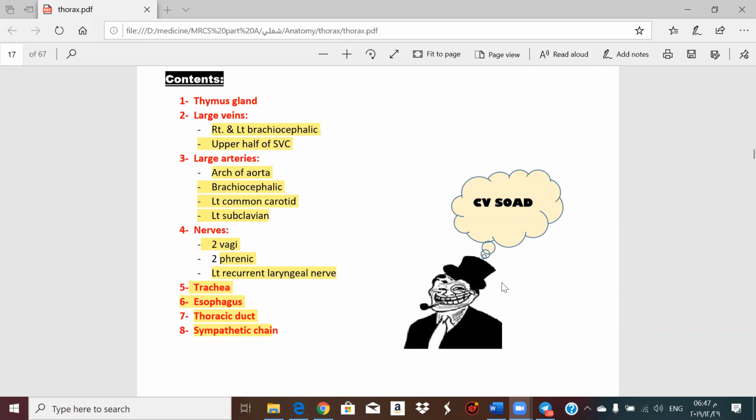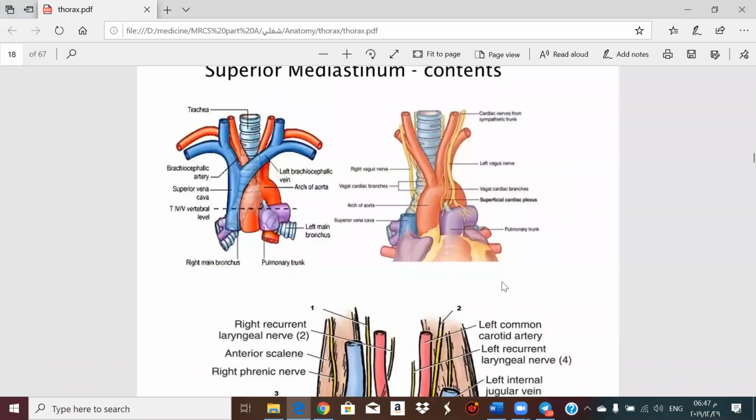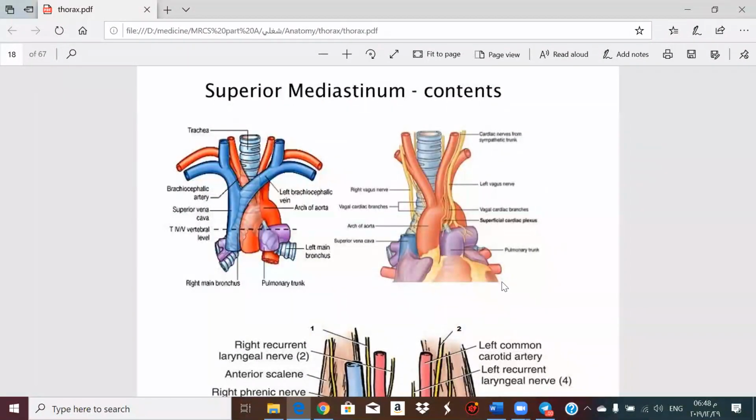Do you prefer the mnemonic or the vector, Dr. Daivish? C, sympathetic chain. Then V for vagus nerve, two phrenic nerves, and recurrent laryngeal nerve. Then S for superior vena cava and left and right brachiocephalic vein.